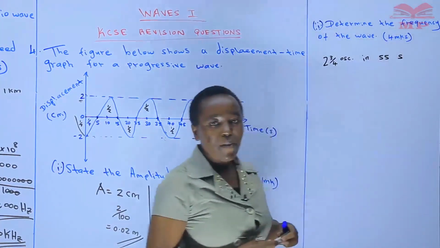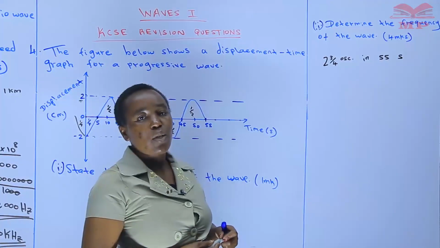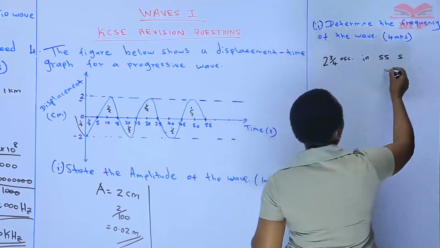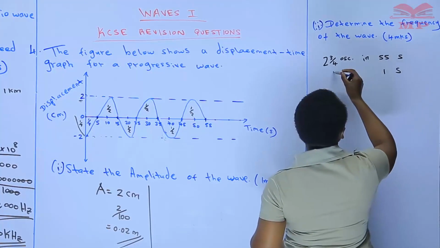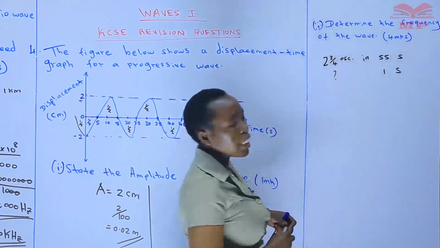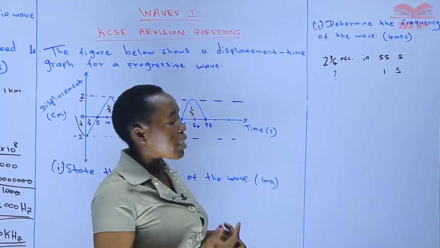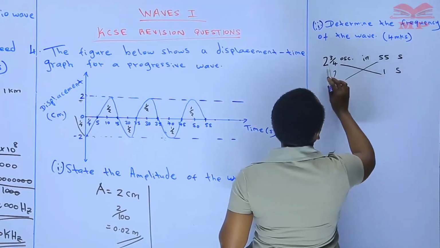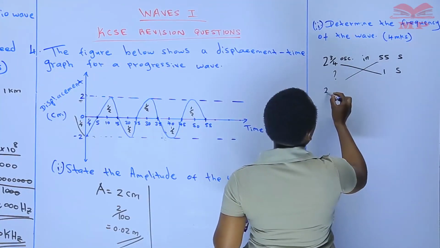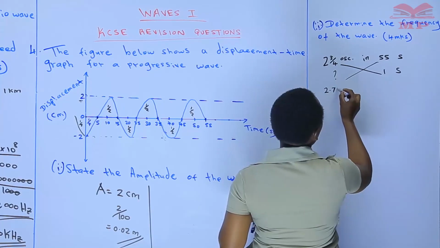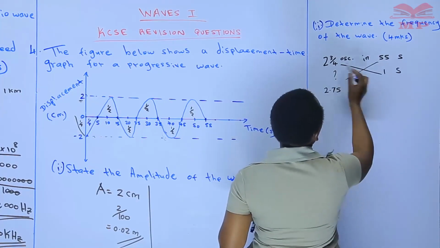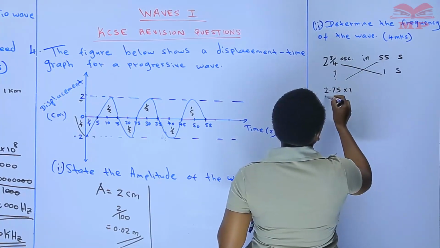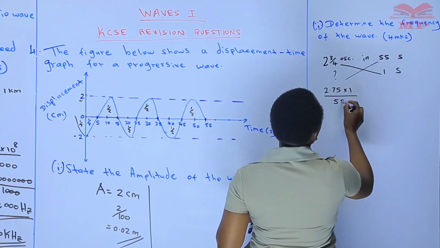And since we are saying frequency is the number of oscillations in 1 second, we ask ourselves, what about in 1 second? How many oscillations are those? And that is our frequency. So we are going to have it as 2 and 3 quarters, which is the same as 2.75, multiplied by 1 divided by 55.